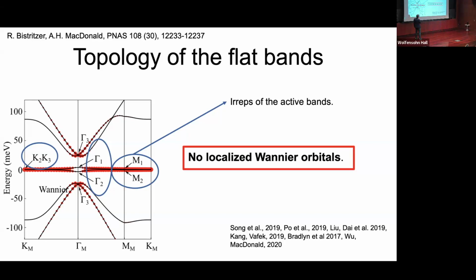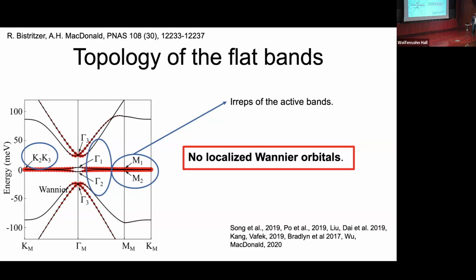There's actually plenty of representations here. So I propose we take a low energy Hilbert space that's contained within plus 50 milli-electron volts to minus 50 milli-electron volts. This is accessible by Coulomb interactions, okay? And we try to perform a unitary transformation in this Hilbert space and see what we get.